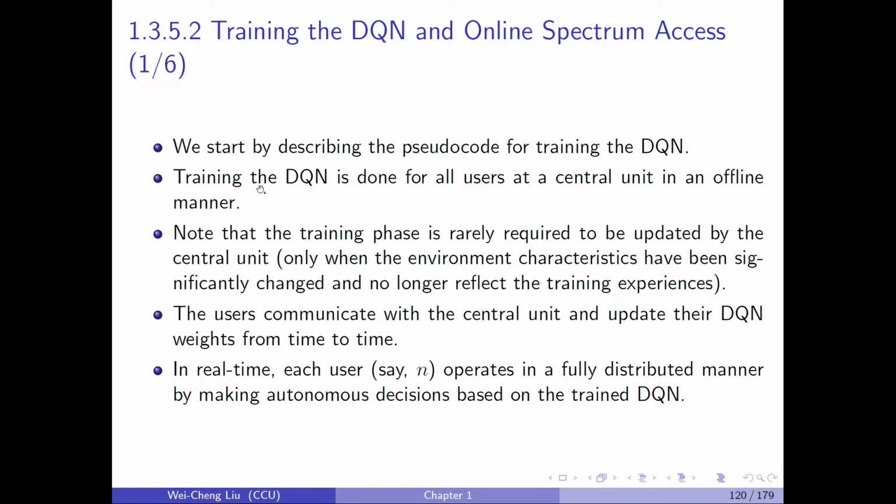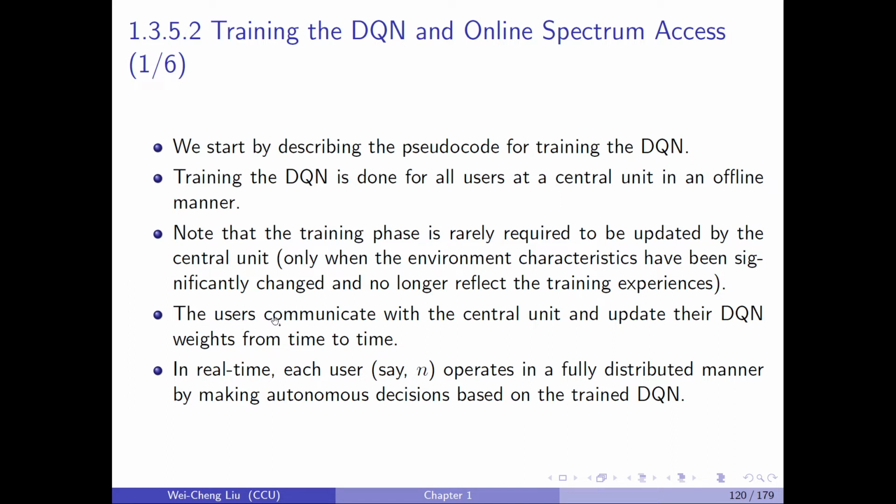Training the DQN is done for all users at a central unit in an offline manner. Note that the training phase is rarely required to be updated by the central unit, only when the environment characteristics have been significantly changed and no longer reflect the training experiences.